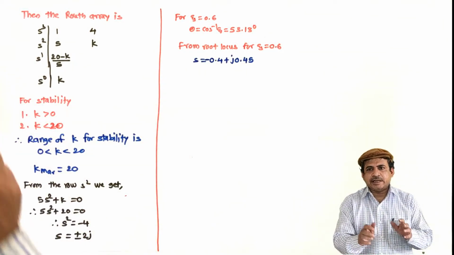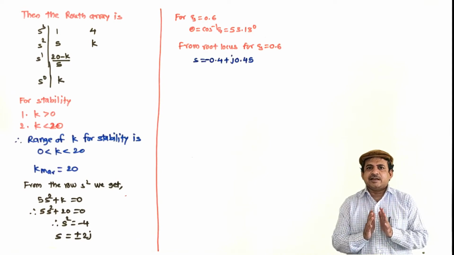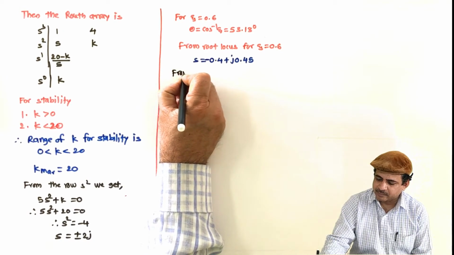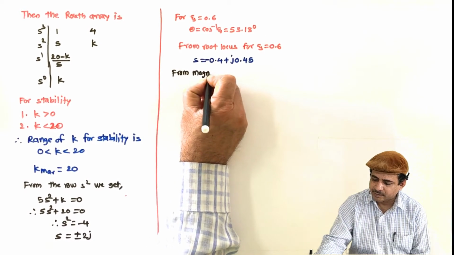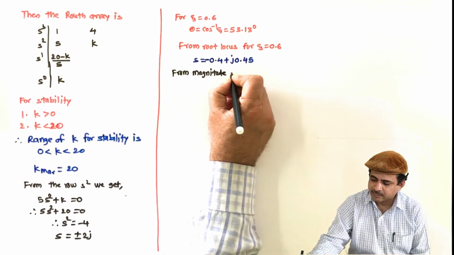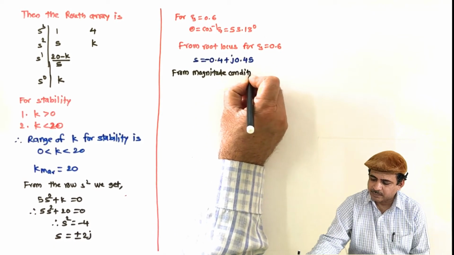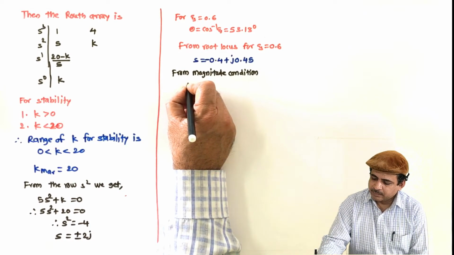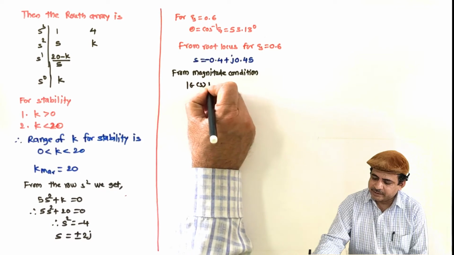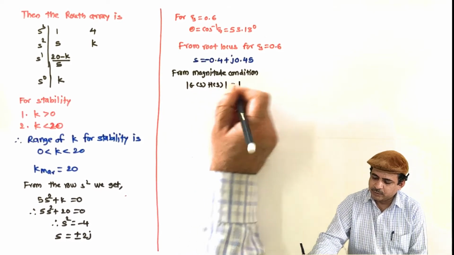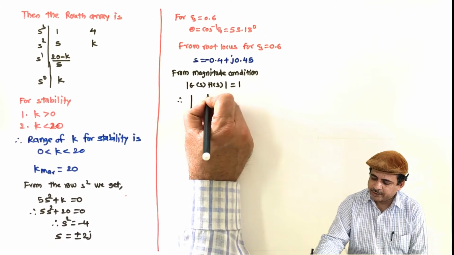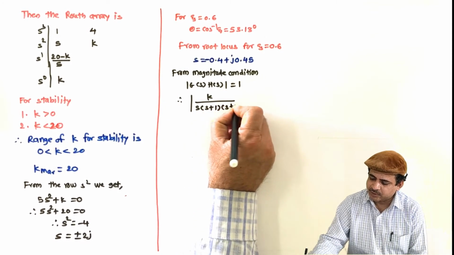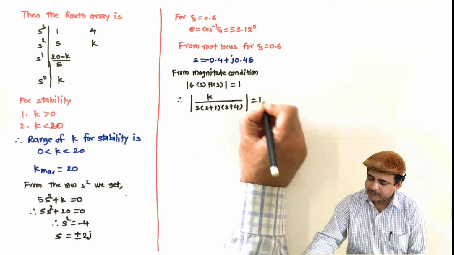Now, as this point is on the root locus, it satisfies the angle and magnitude conditions. So next is the magnitude condition. Magnitude of G(s)H(s) is equal to 1. So the magnitude of K upon S into S plus 1 into S plus 4 is equal to 1.